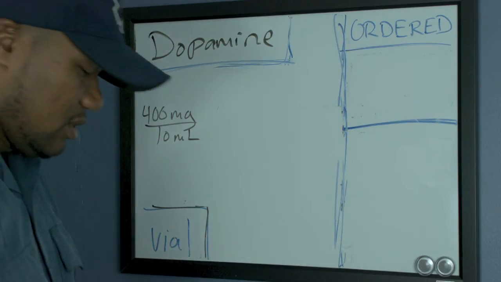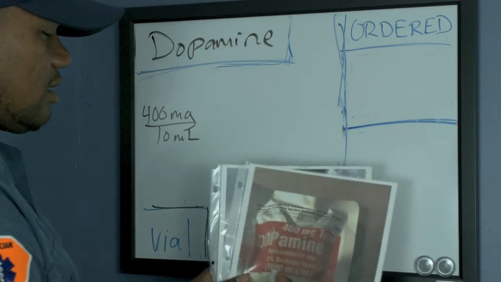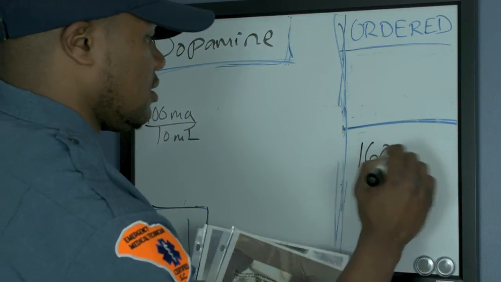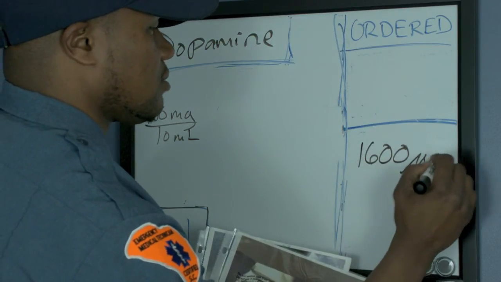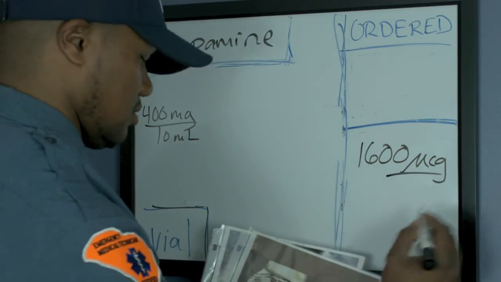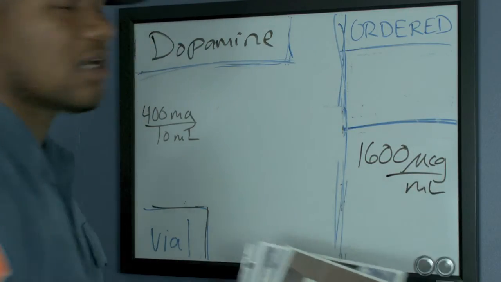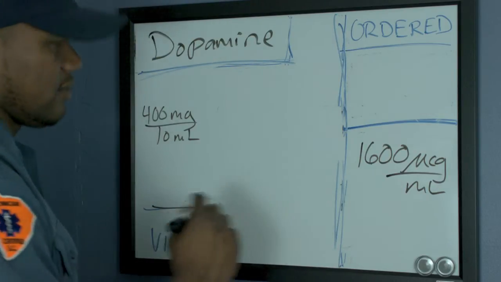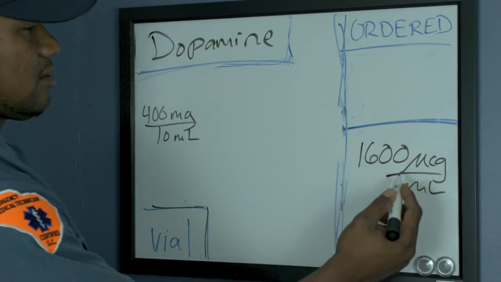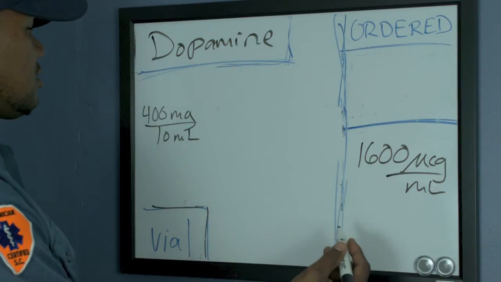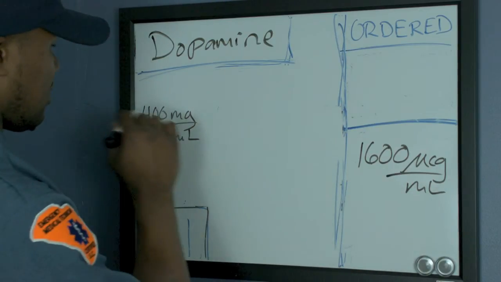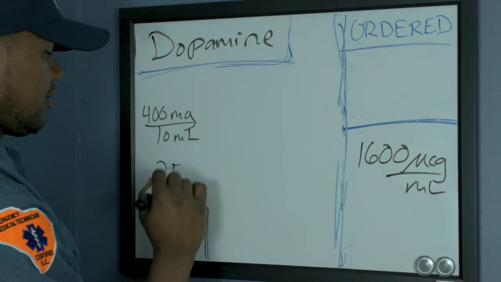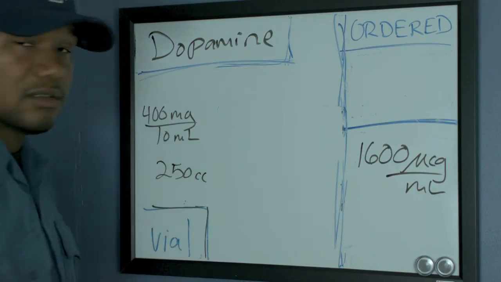So what we normally do is this right here is what we call a 1600 concentration, right? So I'll just write 1600 microgram per milliliter concentration. Okay. In order for you to be able to get a 1600 microgram concentration, you have to take this 400 milligrams that's in that vial and put it in 250 cc's.